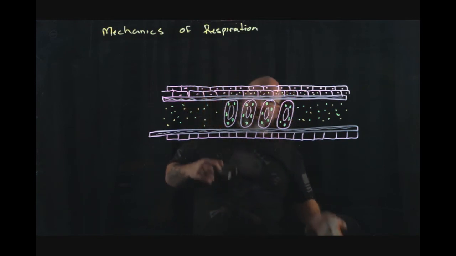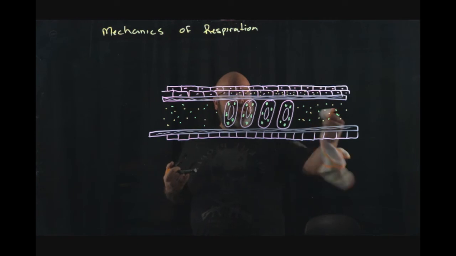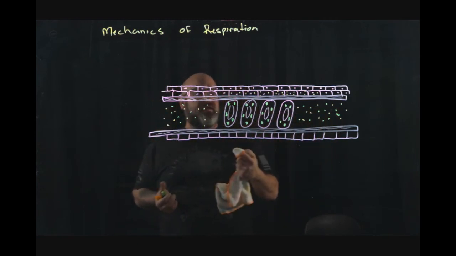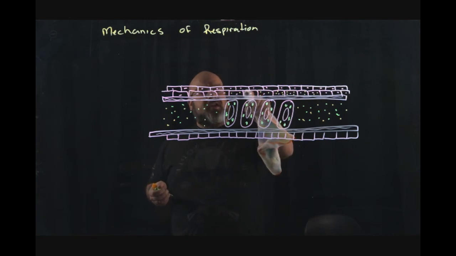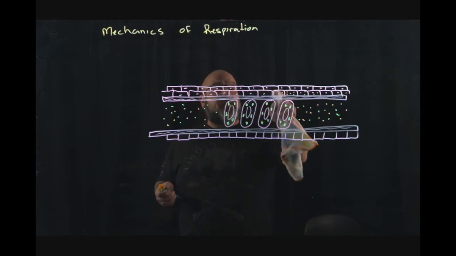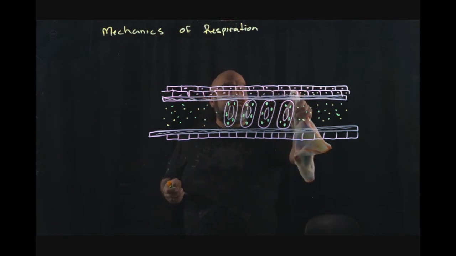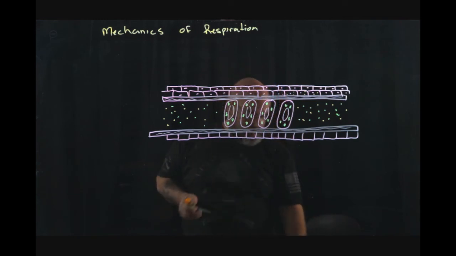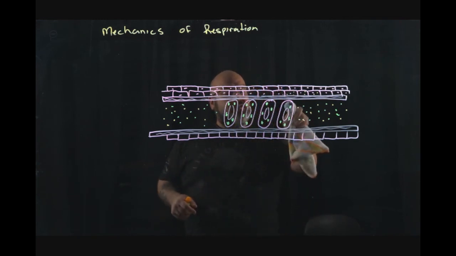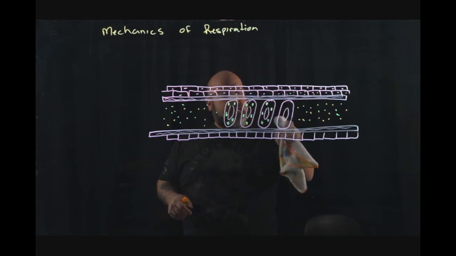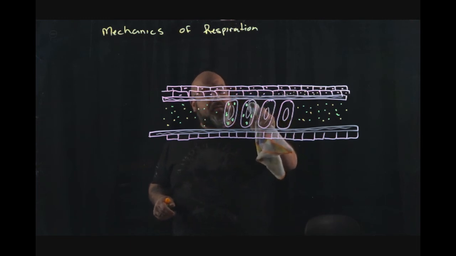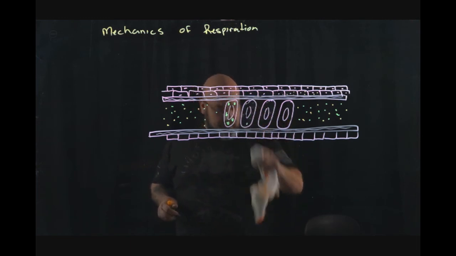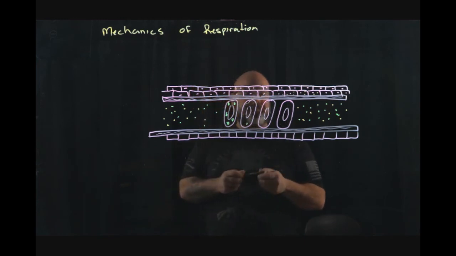So again, we have a higher pressure gradient. So this is oxygenated blood coming into the capillary bed. As it comes in, it's going to exchange CO2 and other waste, obviously, from the cells for oxygen off of the red blood cells.